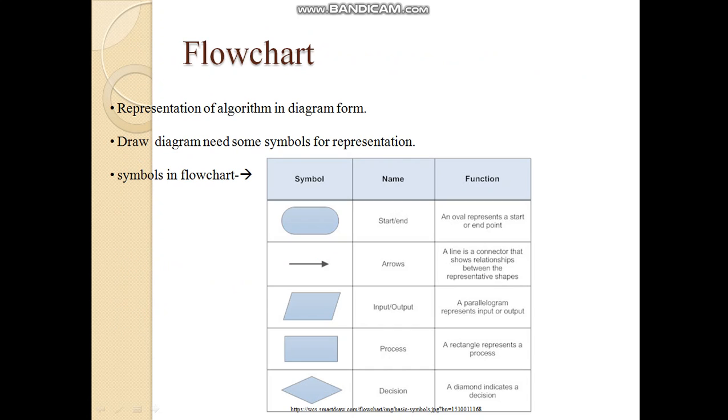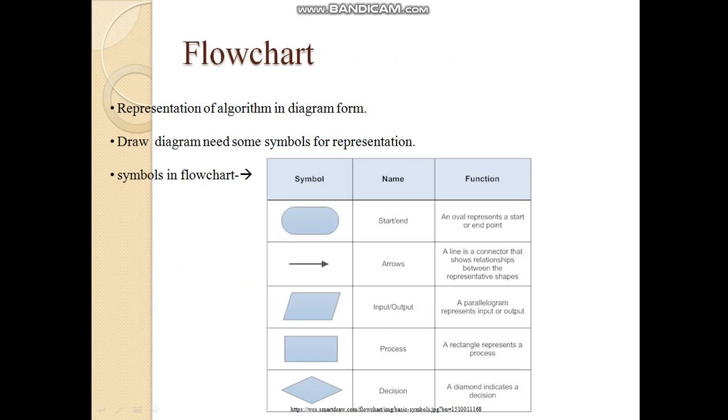Then flowchart is nothing but the diagrammatic representation of your algorithm. In a flowchart we use some specific symbols, and each symbol has a specific purpose. The first symbol is used for start and end. The second is the arrow, which connects the two steps.